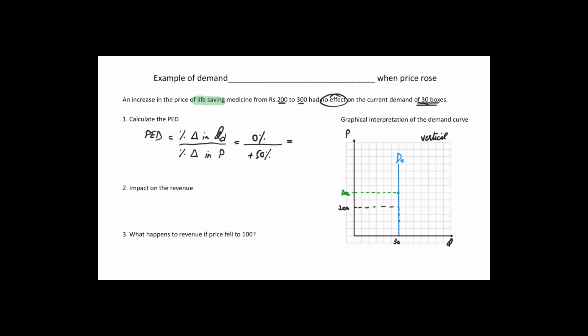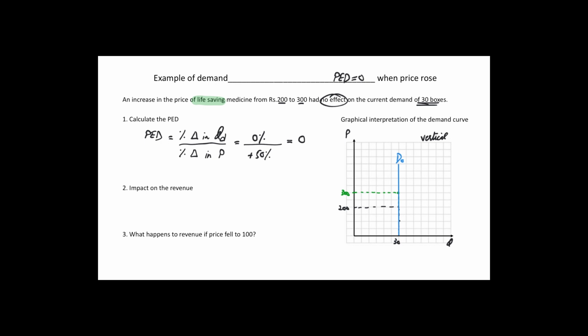Okay. And when you do that, your calculator is going to have a definitive answer for it. 0 divided by 50 is going to give you 0. So that means over here the PED is 0. Now whenever you have a PED equal to 0, that's less than 1, isn't it?